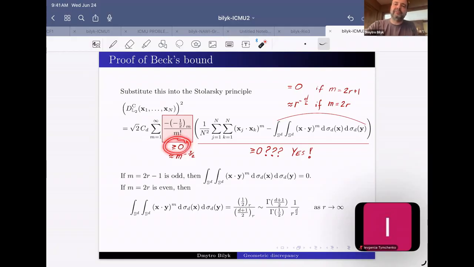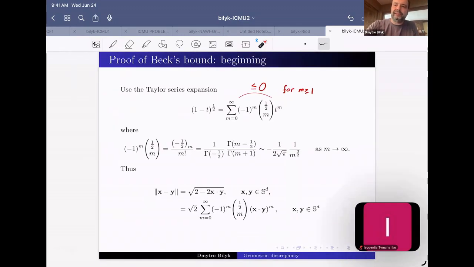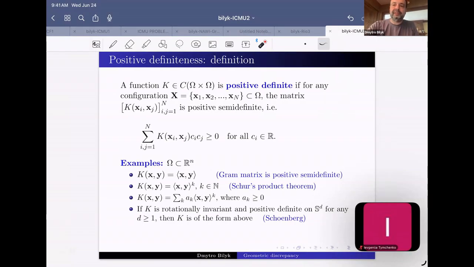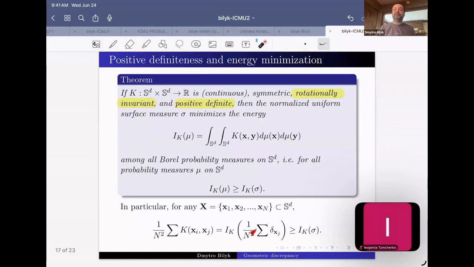If you flip it, this becomes a positive definite function up to a constant, because we know that all of these are positive definite. So this gives you another way to prove these inequalities.